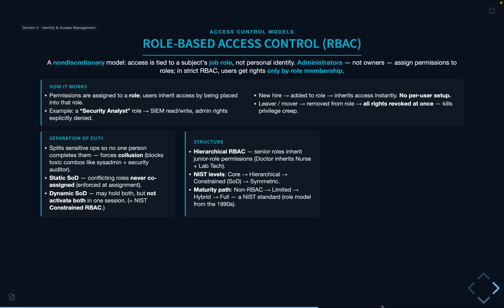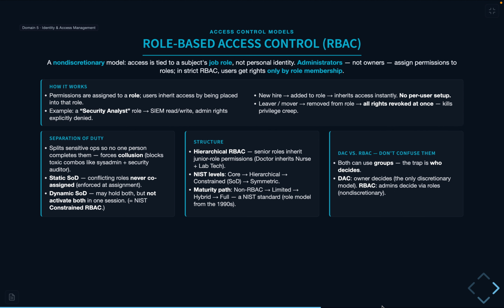Now for an organization to implement role-based access control, it has to start from non-role-based access control, then limited implementation of RBAC, then hybrid RBAC, and then full implementation of RBAC. This full implementation of RBAC is aligned with the NIST standard from the 1990s.